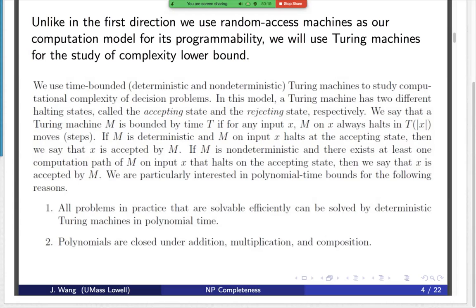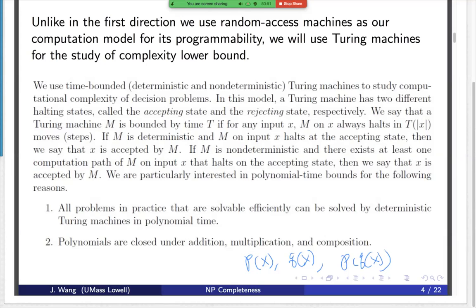And if you have two polynomials and you multiply them, the result is still a polynomial. So this measure is closed under addition and multiplication. And if you have a polynomial p of x and q of x, you compose them, you still get a polynomial, which is good.